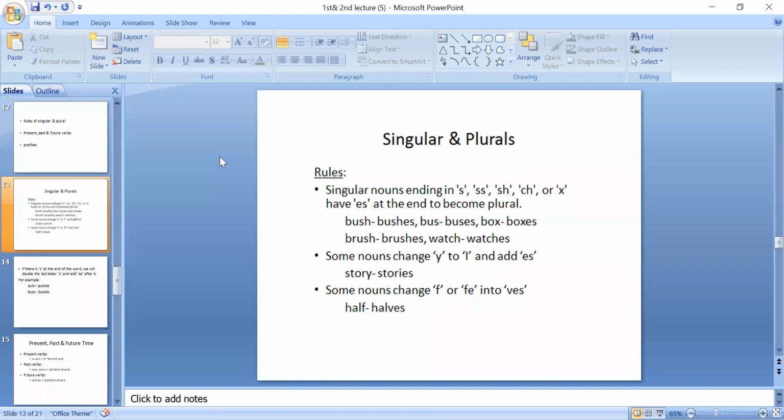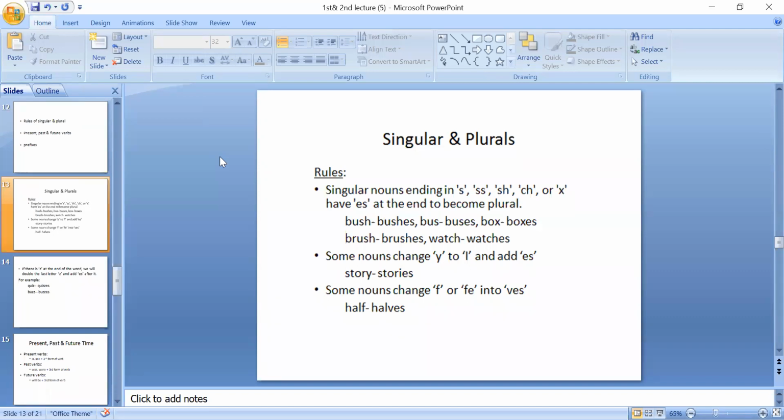Third rule is when nouns are having f or fe at the end, then you will change f into v and add es. For example, there's a word half. Half is ending with f.